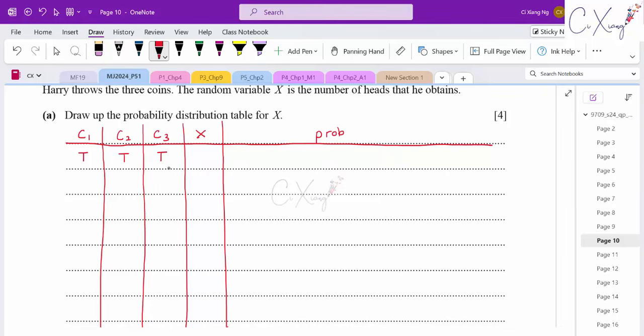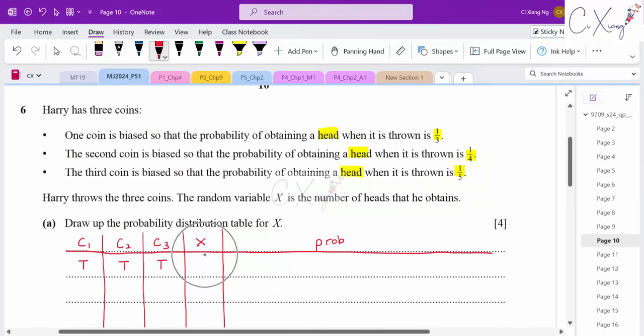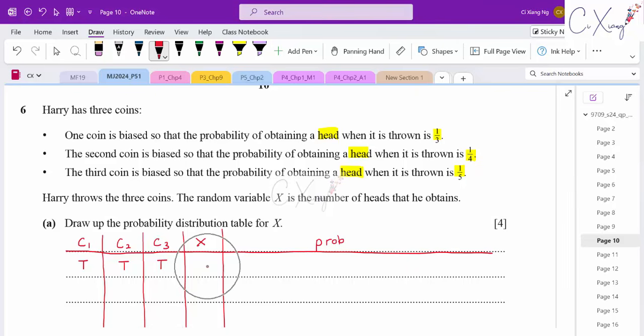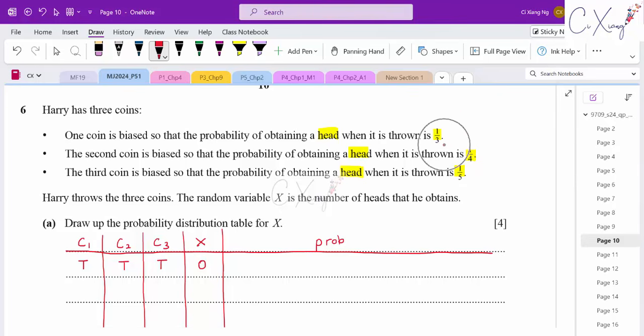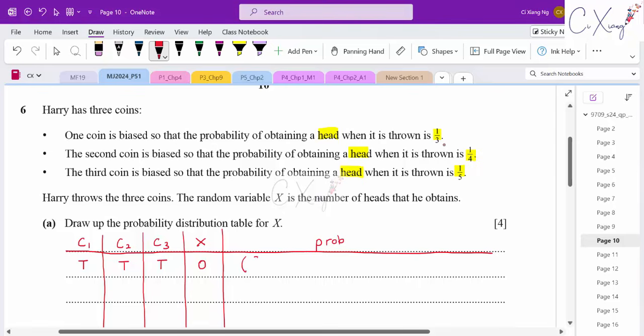If I get tail, tail, tail for all the 3 coins, what is the X here? They said X is the number of heads. So in this case you have no head, all tails, so X is equal to 0 for this case. How can I get the probability? For the first coin, to get the tail, it should be the opposite of this one, right? 1 minus 1/3, and therefore you get 2/3.